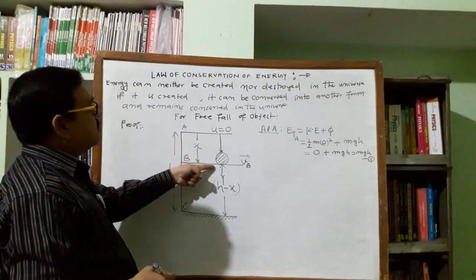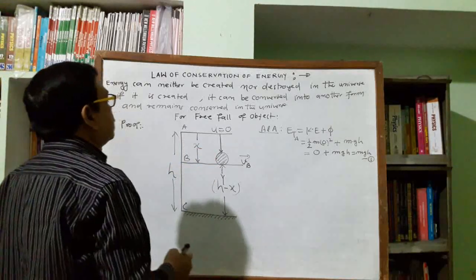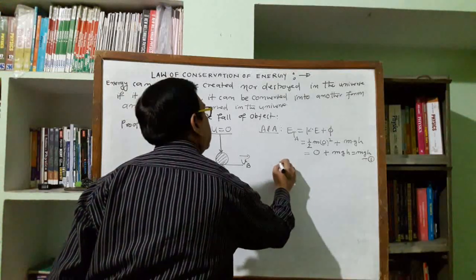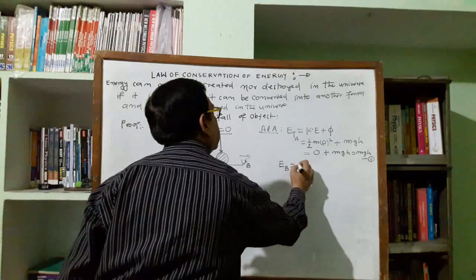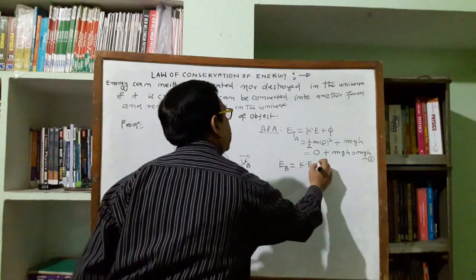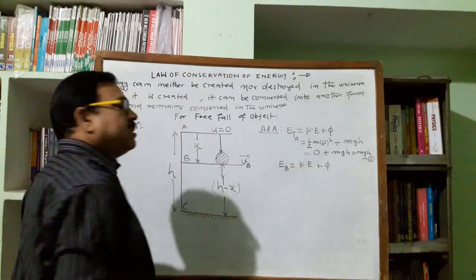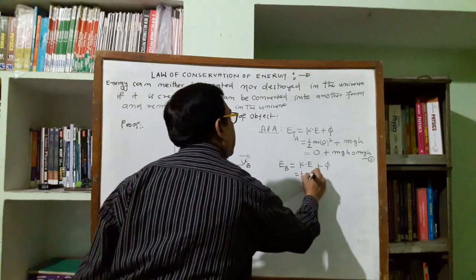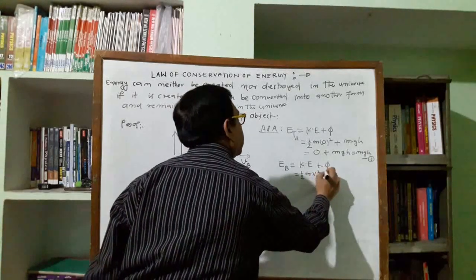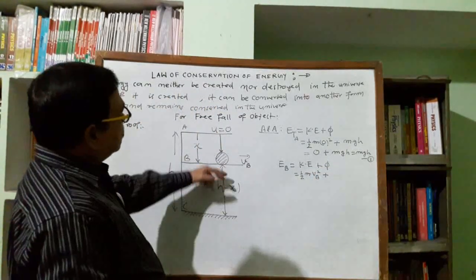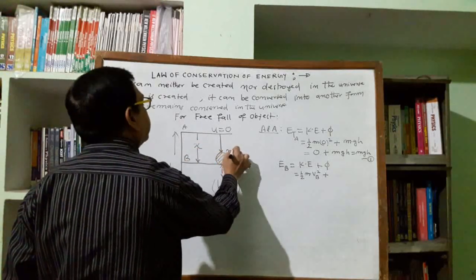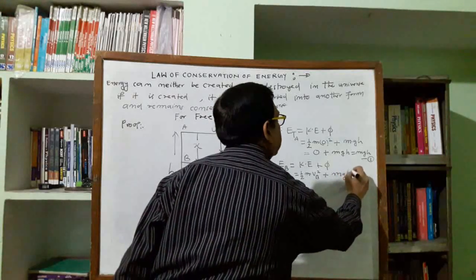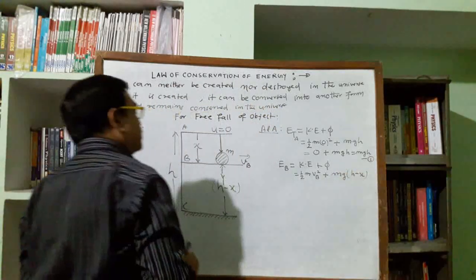When the object falls to the point B, by covering the distance x, the total energy at B is similarly kinetic energy at B and potential energy at B. So kinetic energy is half m vB square plus potential energy of the object having mass m, which is mg times the remaining height h minus x.